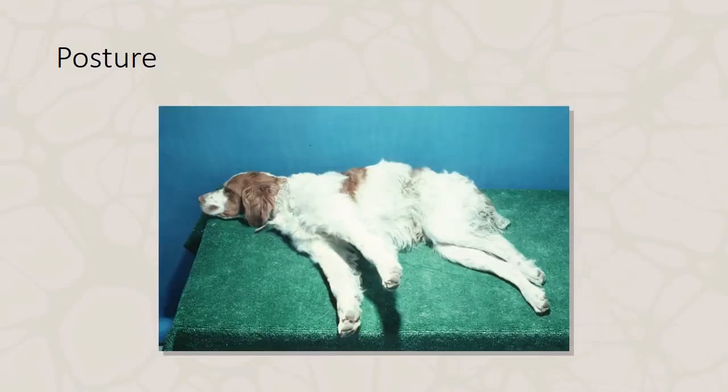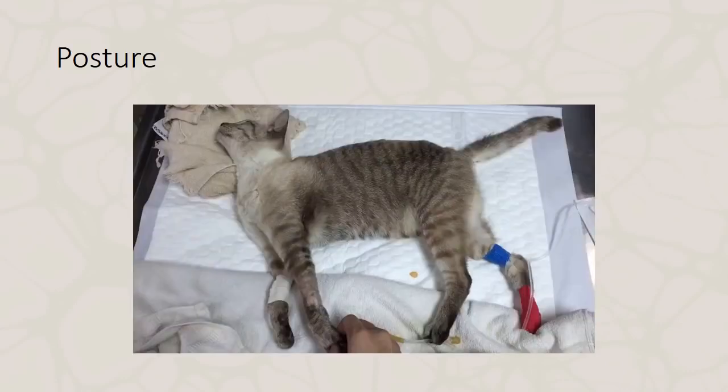There's other postures too. So this is a patient that has another posture that you can see, as with this kitty cat, a decerebrate posture. A decerebrate posture is usually indicative of a grave prognosis. And you should be able to localize immediately where this patient's lesion is if you see this kind of posture.